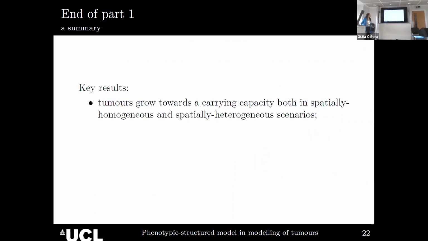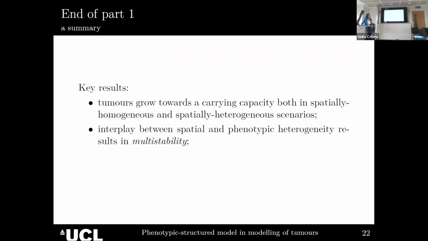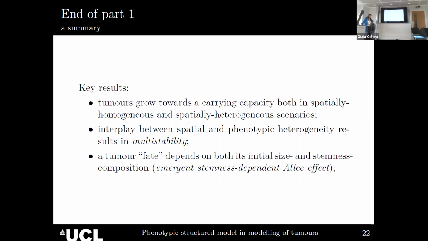So, finishing on part 1, some of the key results. The tumors grow towards their carrying capacity, both in the spatially homogeneous and spatially heterogeneous scenarios, so we reach a steady state. The interplay between spatial and phenotypic heterogeneity can give rise to multi-stability. This is mathematically interesting, but also biologically interesting, because the tumor fate depends both on its initial size and stemness composition.